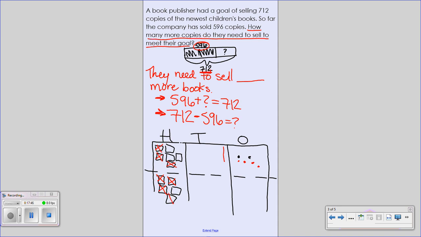Go ahead and do your X's. 600s minus 500s is going to leave me with what, Cord? 600 minus 500 is going to leave me with 1 what? 100. Yep.